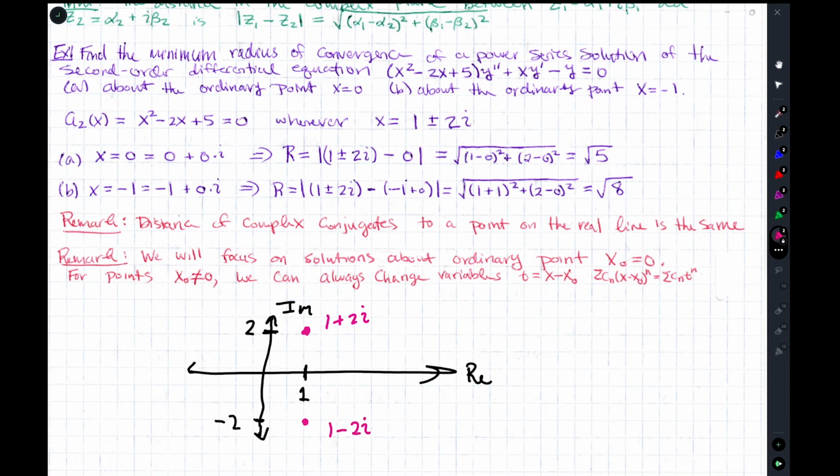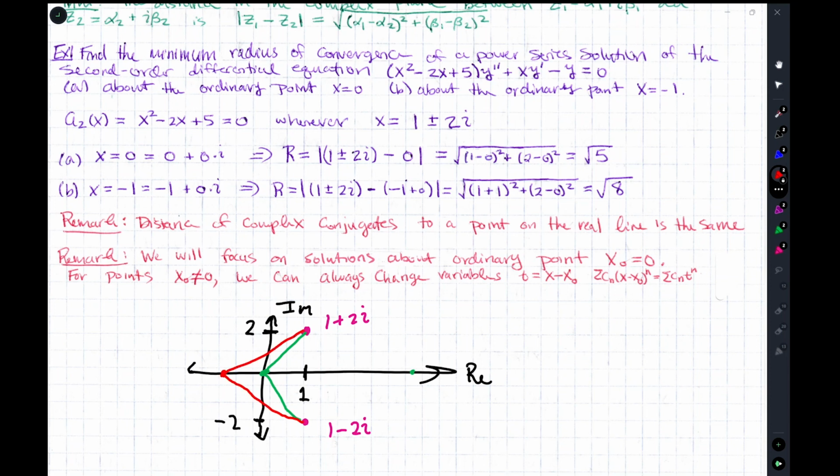Now any point on the real line, even this point, is going to have an equal distance to those two. In particular, x equals 0, you're going to get that distance and that distance, and these are going to be the same. If you look at the point x equals minus 1, also the same distance.